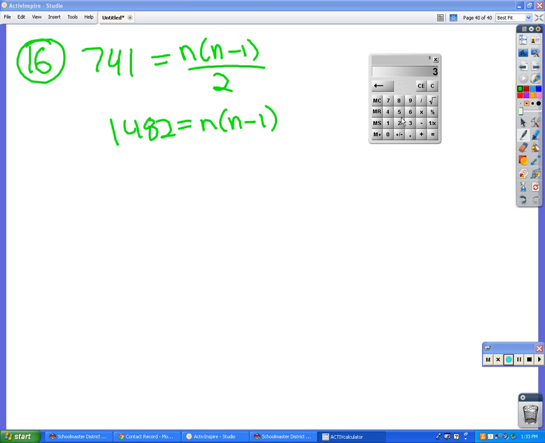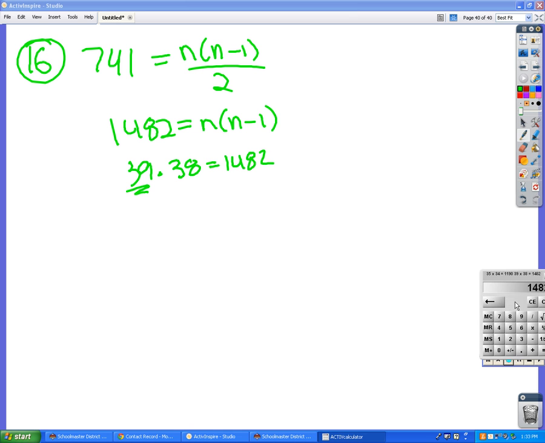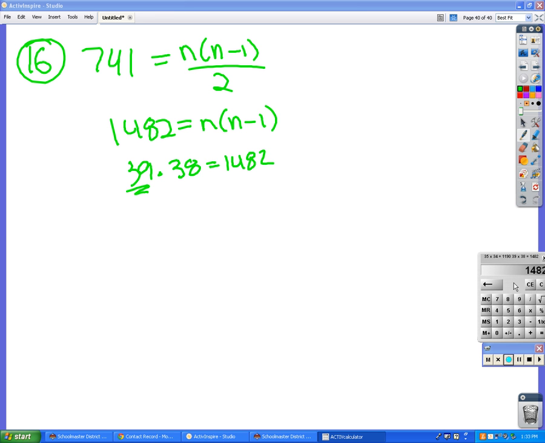So if I go 35 times 34, do I get 1482? No, too small. 39. 39 times 38, hey, what do you know, 1482. So since 39 times 38 equals 1482, there must have been 39 people at the party.